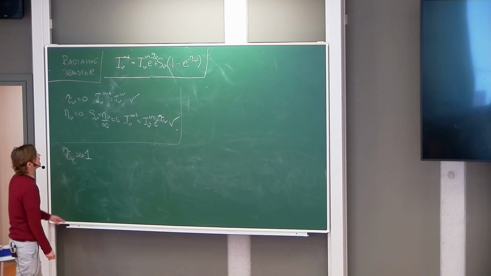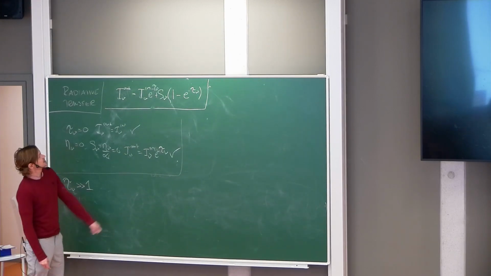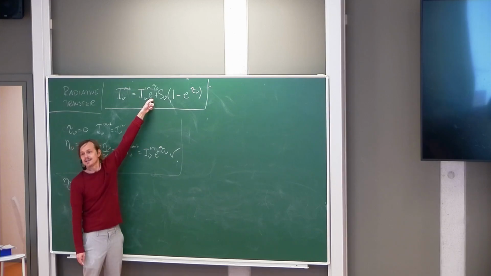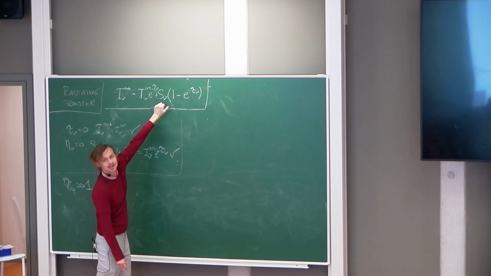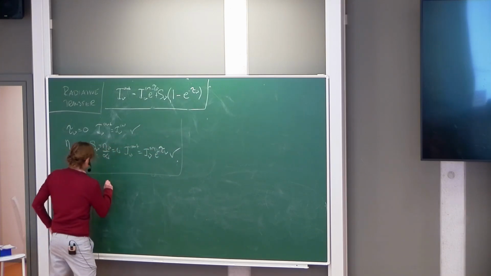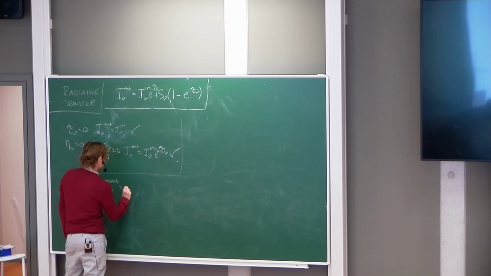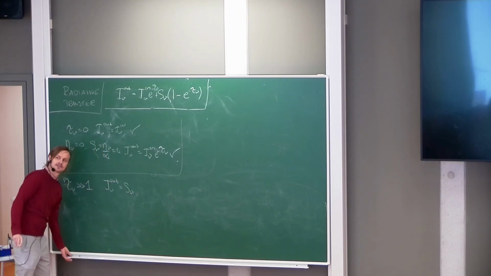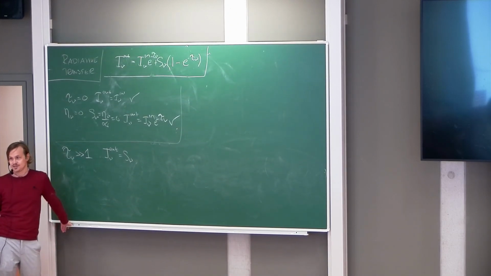And what happens then? Well, if tau nu is much, much greater than 1, it's not fun to be up against an exponential, as we keep reminding ourselves. So this will just go away. We're left with just this term. Then the outgoing intensity is just the source function. Hence the name source function.